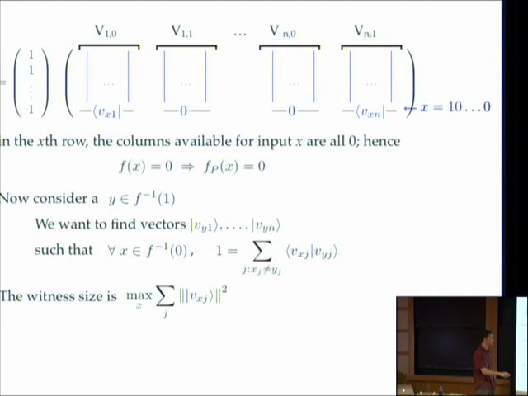So the sum is over j where xj is not equal to yj, because in the false case we have vectors in the opposite position. Like if x1 is 1, we have a vector in the 0 column. Here we have vectors in the positive cases, so if y1 is 0, we're going to have a vy1 here. And so you only multiply them when they differ. Can you see that?